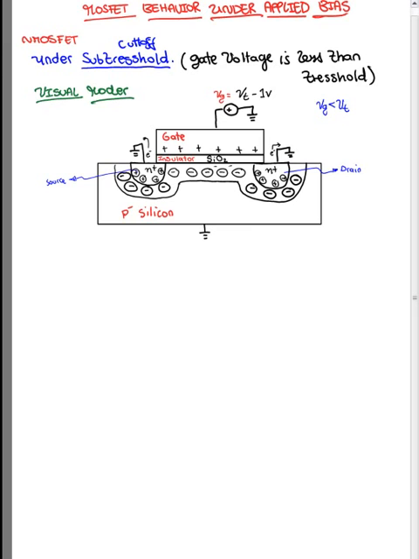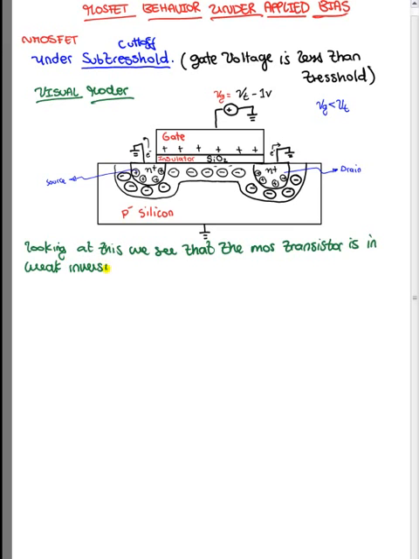So looking at this, we see that the MOS transistor is in weak inversion, and if we remember, that means that the fixed negative charges are a lot more than the number of electrons.